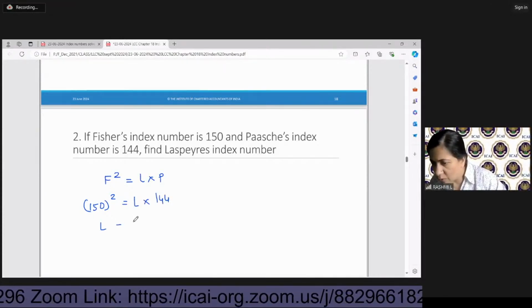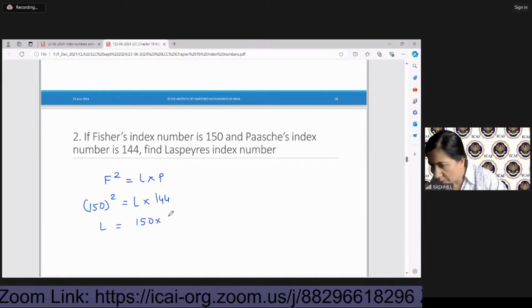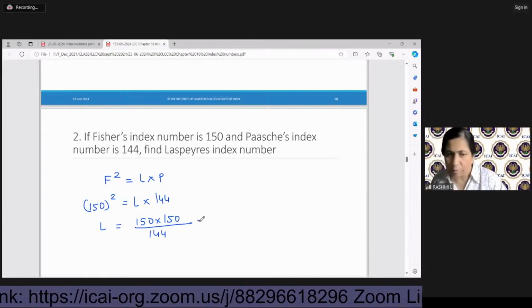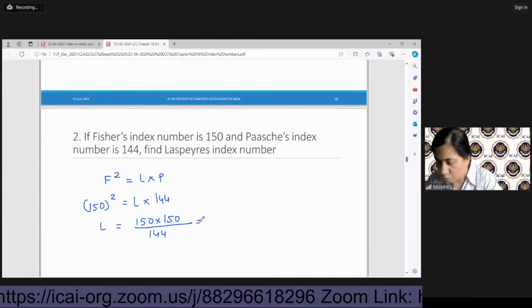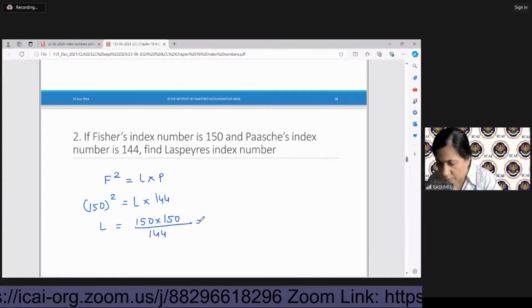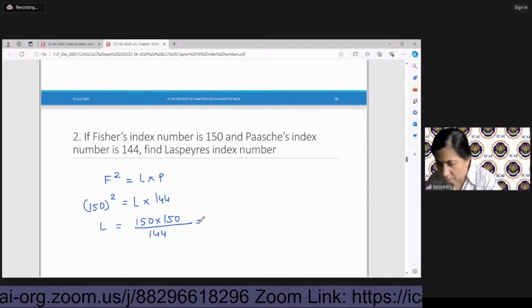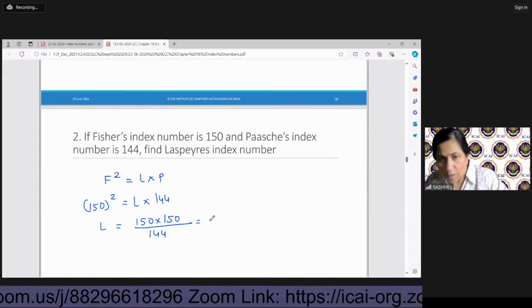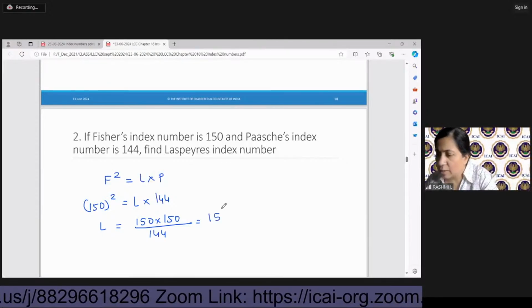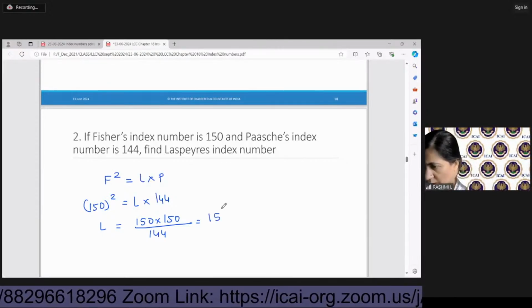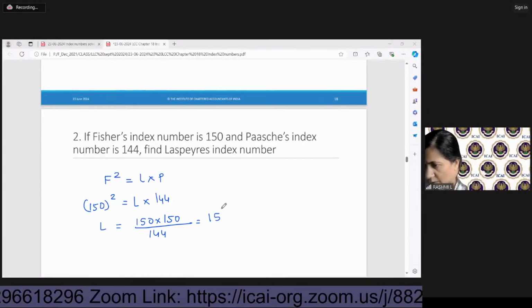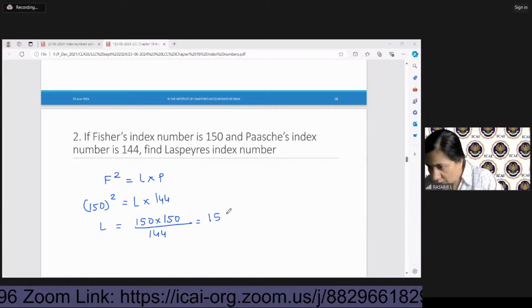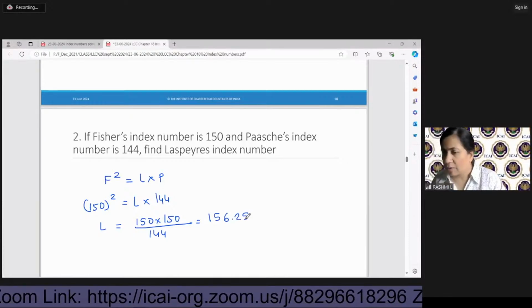So L will be equal to 150 into 150 upon 144. Yes, how much is the answer? 156.25. Vishwa, Reshma, Ishika. 156.25. Okay.